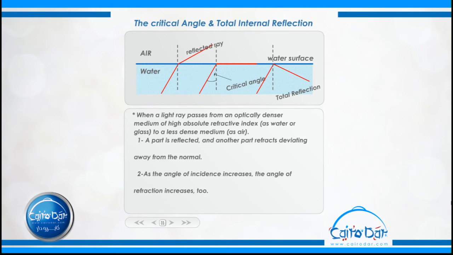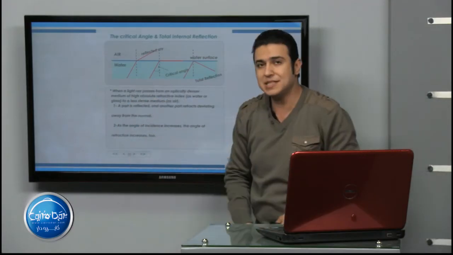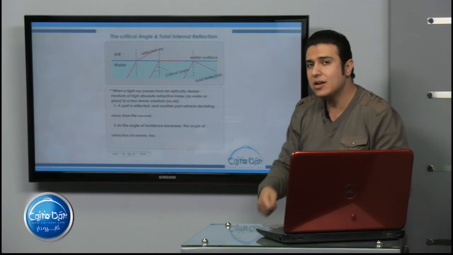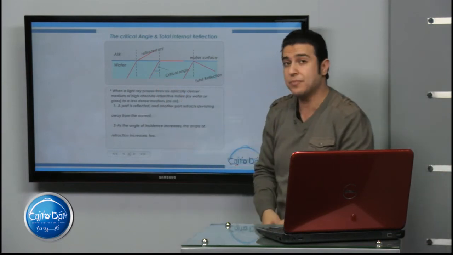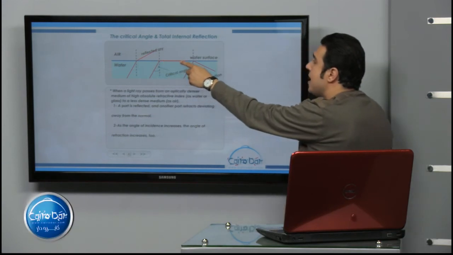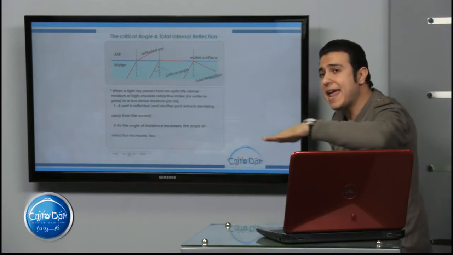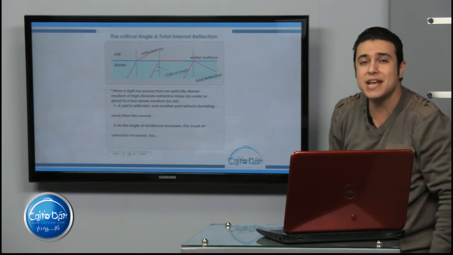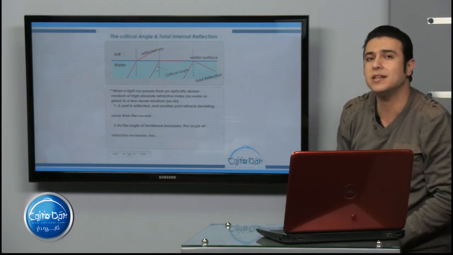When we increase the angle of incidence in the more dense medium, what will happen? It refracts away, but it becomes tangent. It's grazing the separating surface between water and air.